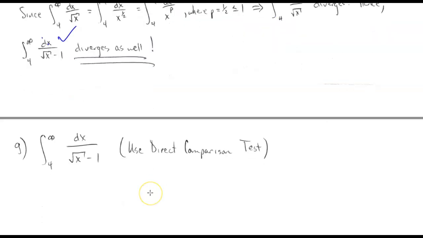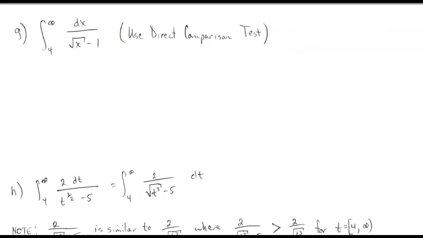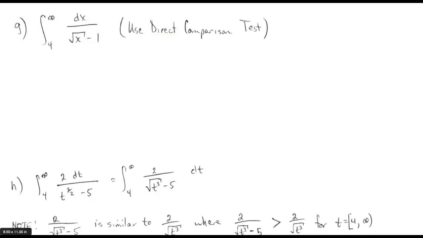All right. So let's look at the next example here. And so the next example is the same problem, but now we're using the direct comparison test. Okay. So using the direct comparison test actually gets us our answer faster because of the nature of what our integrand is like.